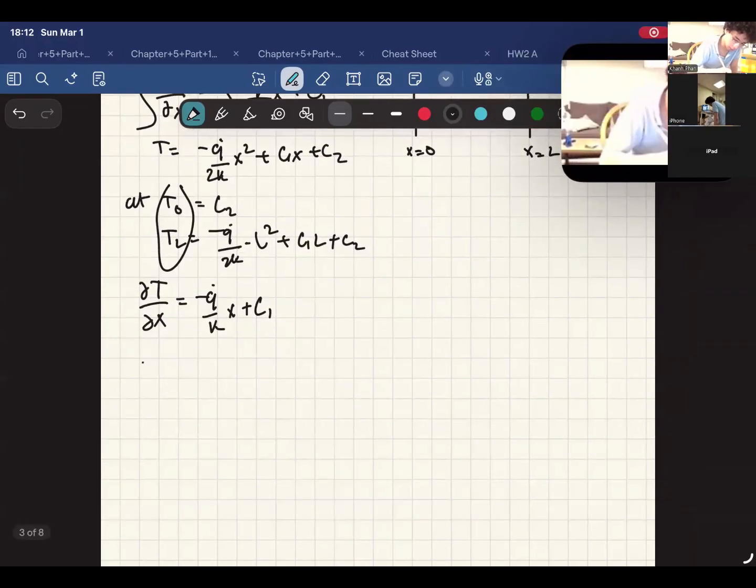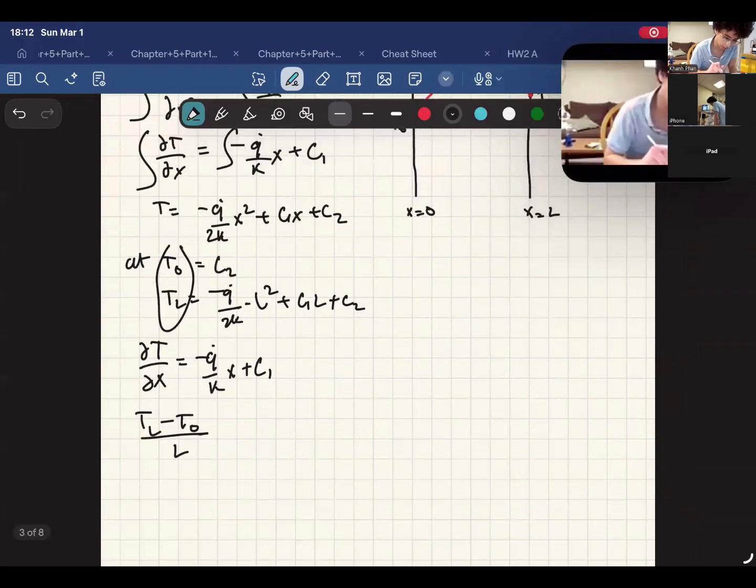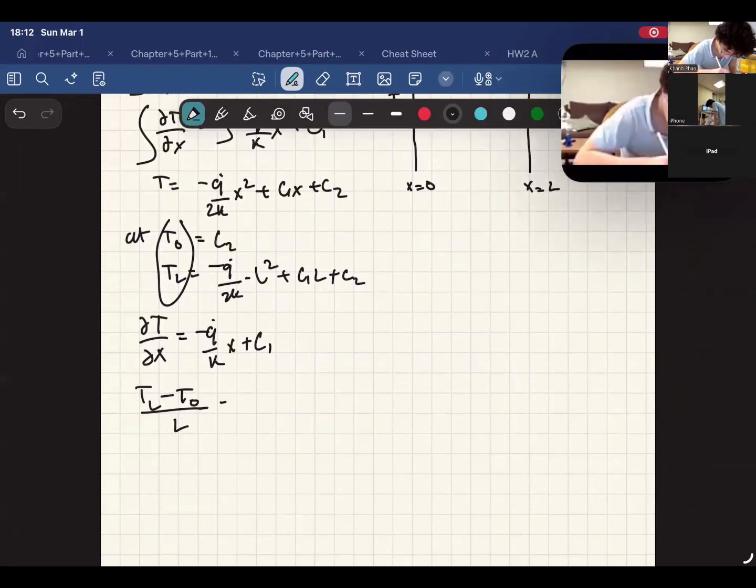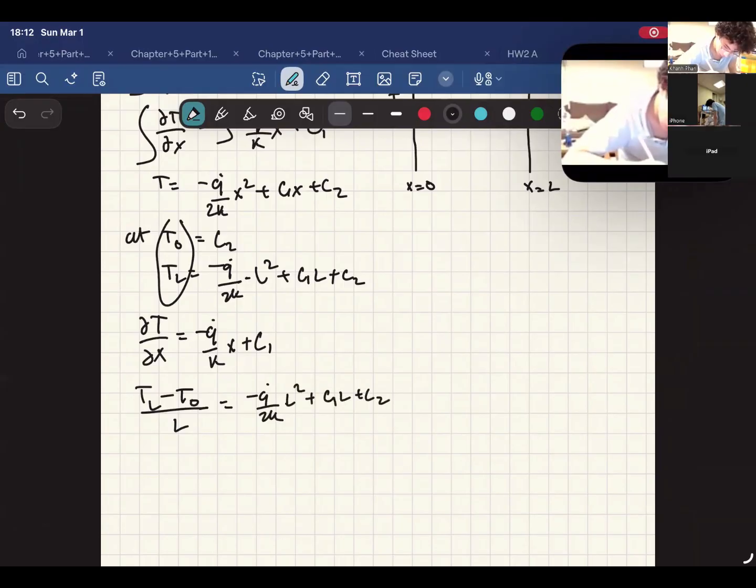So we're going to have TL minus T0 over L, the difference in temperature with respect to the difference in distance, would be equal to negative Q over 2K L squared plus C1 L plus C2 minus C2, because we determined that T naught is equal to C2, over length.